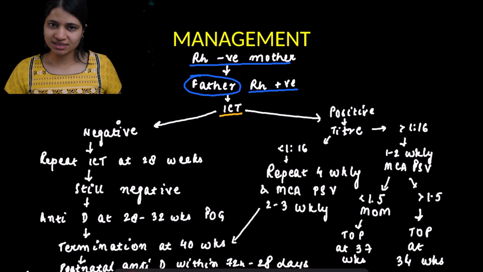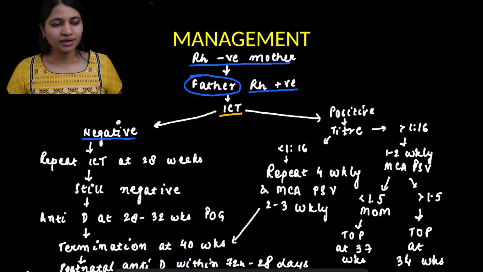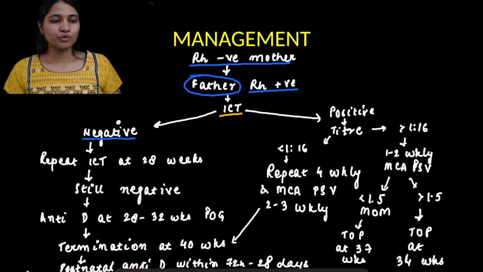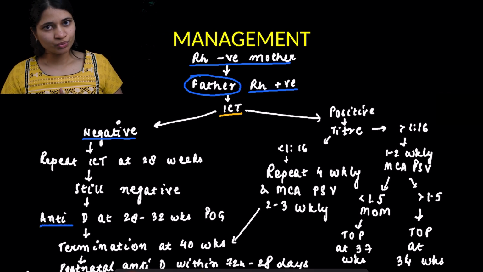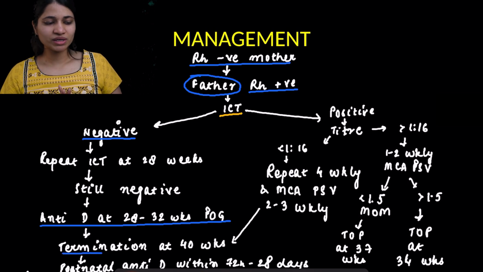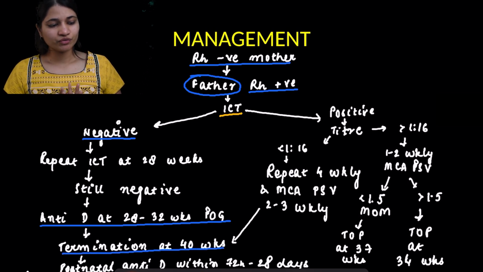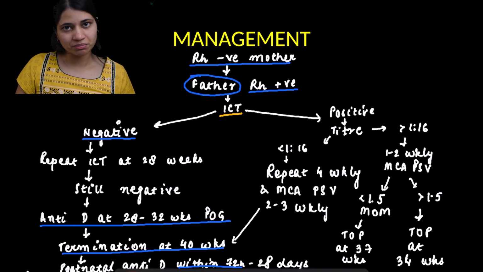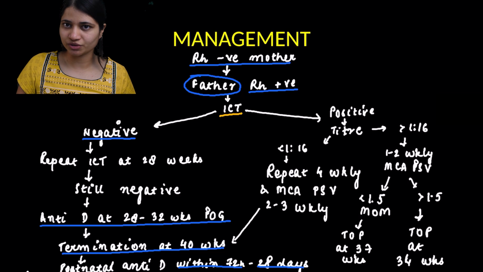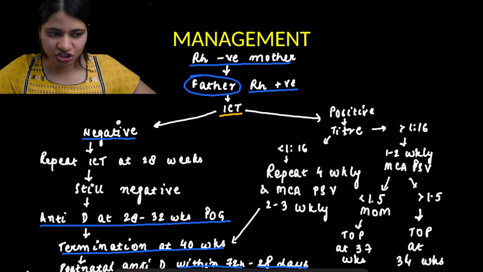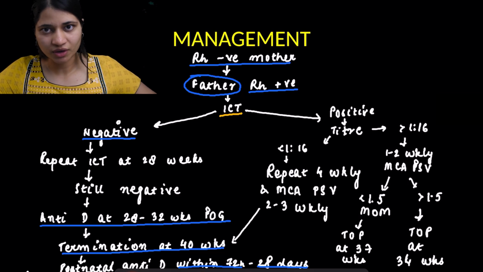If this ICT is negative, we can simply repeat it at 28 weeks, and if still negative, we will give the mother anti-D between 28 to 32 weeks period of gestation, and after delivery of the baby we will give a postpartum anti-D which should be given within 72 hours of birth, but it can be given up to 28 days of delivery. So if the mother is Rh negative, we will do the father's testing.